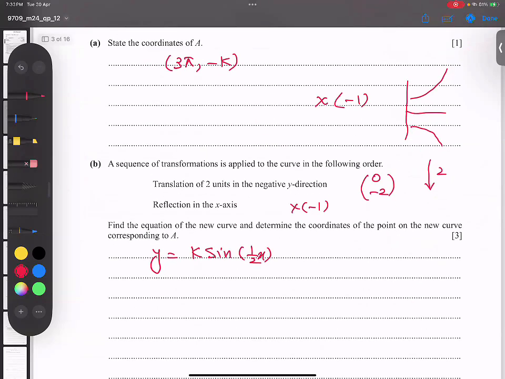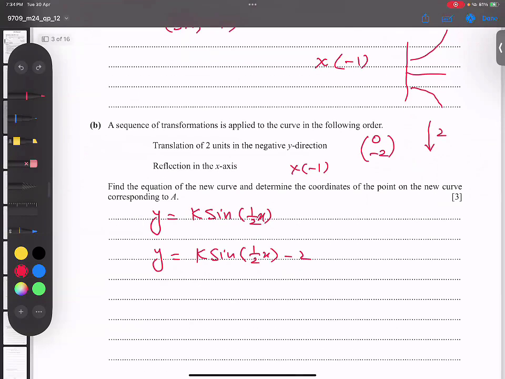First of all, I will translate it. So simply I will write -2 outside. This means that the whole curve will go down. And now I will apply reflection in the x-axis, so multiply the whole equation by -1.